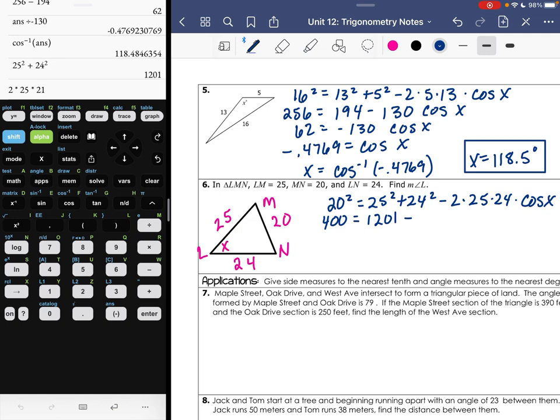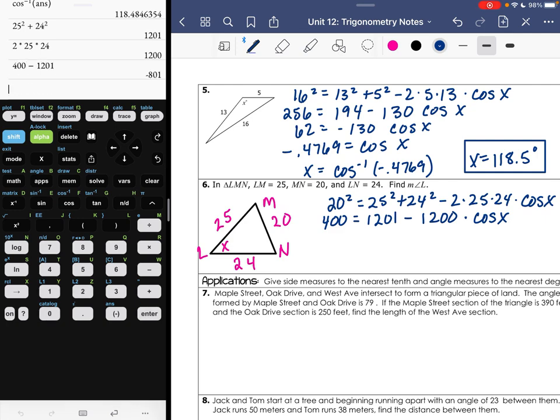Whoops. See, make sure that you're typing what you mean to type. So that's 1200. And then times the cosine of x. So we're going to do 400 minus 1201 and then we're going to divide that by negative 1200.